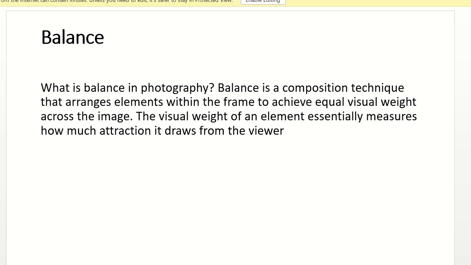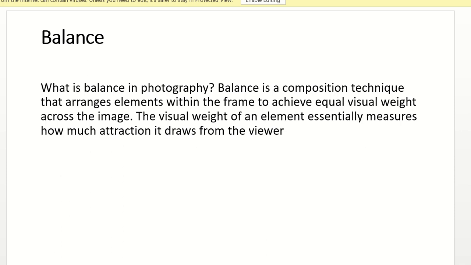The visual weight of an element essentially measures how much attention it draws from the viewer. For a good picture, or whenever you are going to cover an event, make sure your photography techniques include balance in your pictures. I hope we are getting it right.